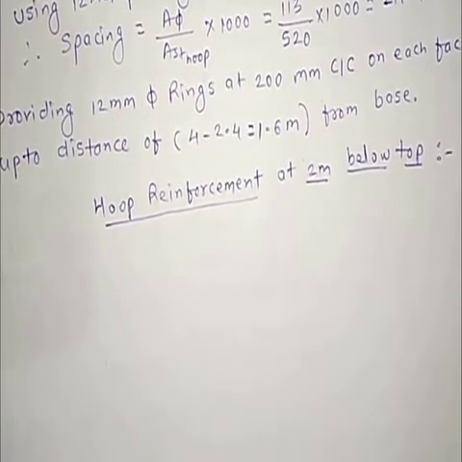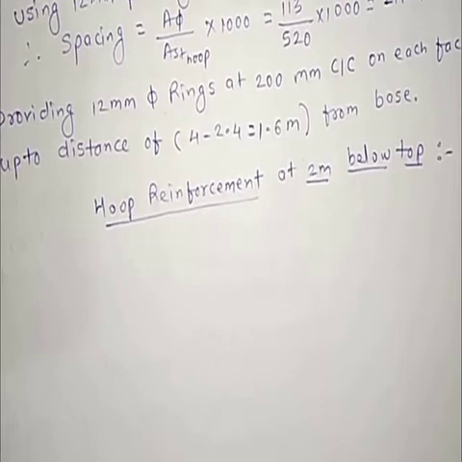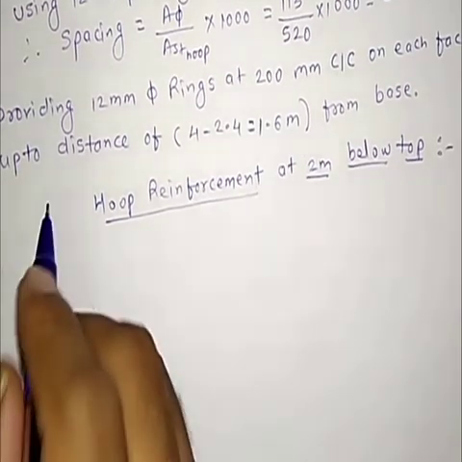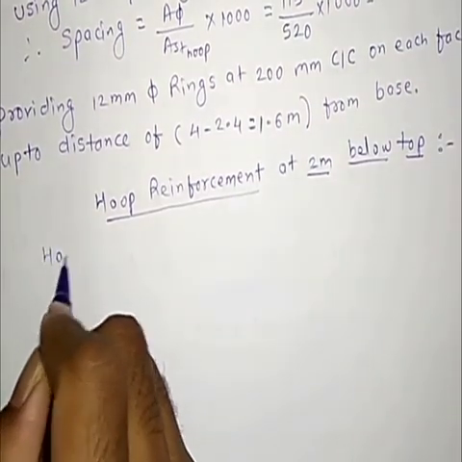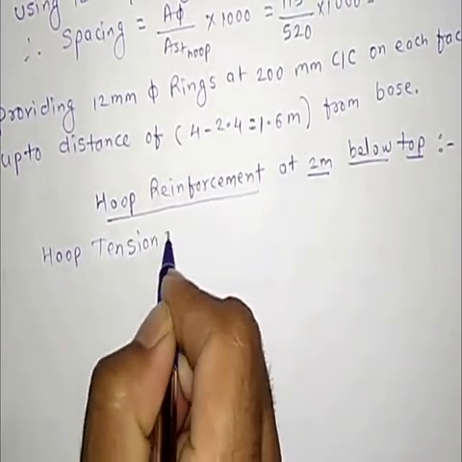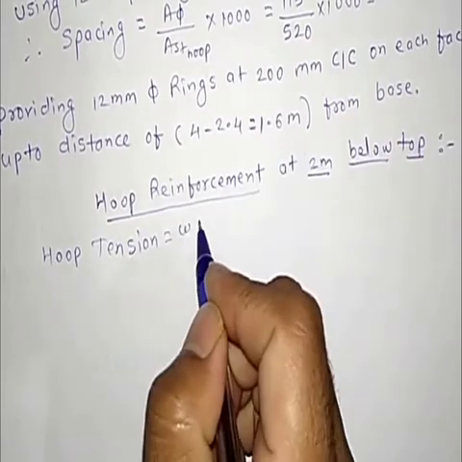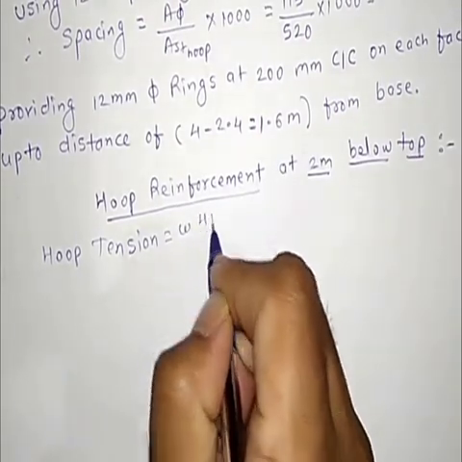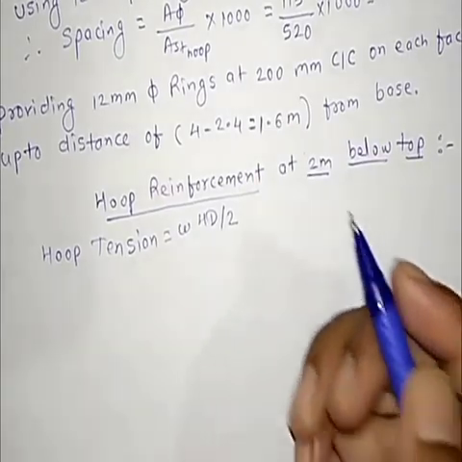Before that, we calculated the maximum hoop tension, which is 119.17, at 2.4 meter from the top. Now the formula for the hoop tension is equals to WHD by 2.